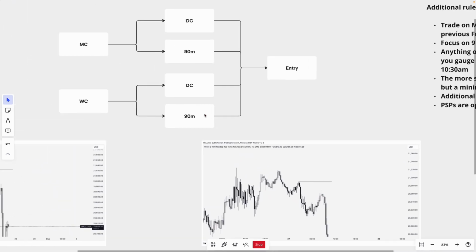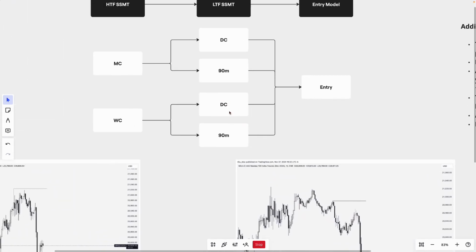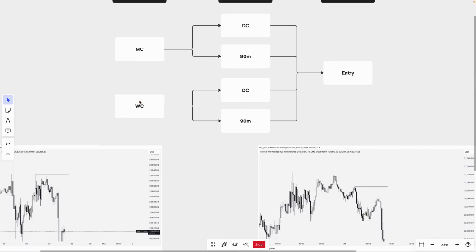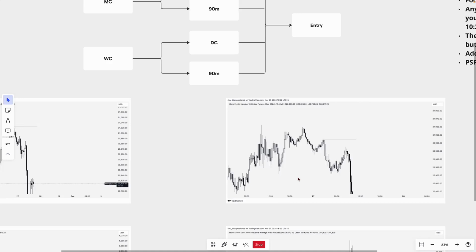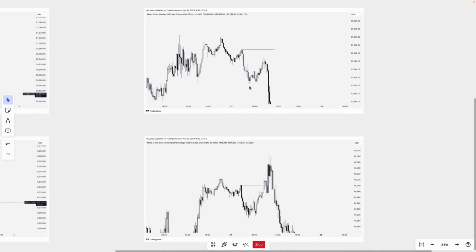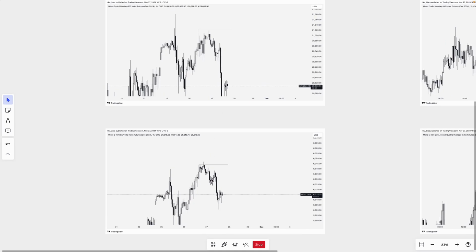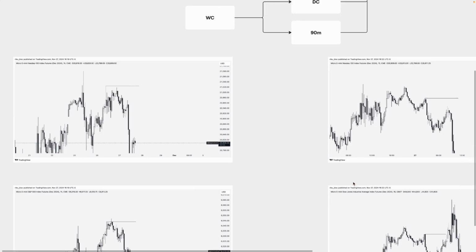And this is that second stage. This is our daily cycle sequential SMT. So this is the one-shot, one-kill model, where we have a weekly cycle sequential SMT followed by a daily cycle sequential SMT. And it's after that that we have our move down. And you can see that here on the higher time frame. So that's essentially the model.